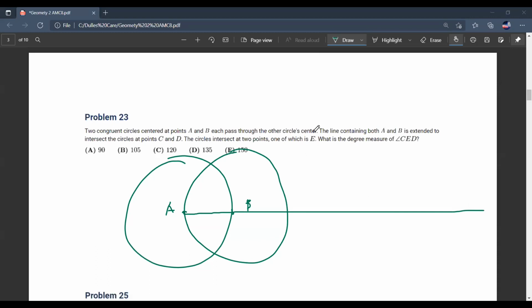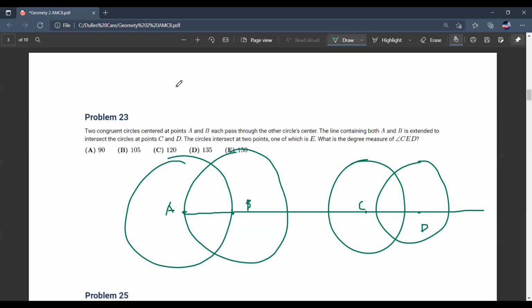So I see, 2 circles with their centers C and D. And then there are two circles intersecting at 2 points, one of which is E. So what's the degree measure of CED?